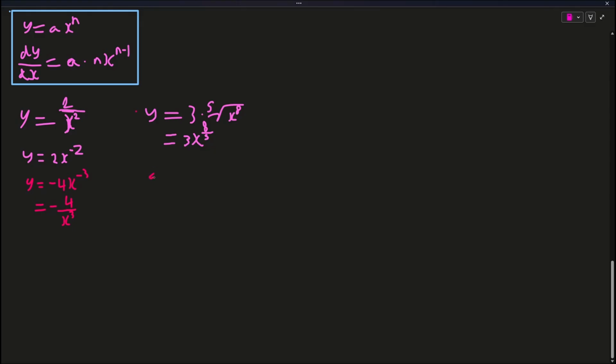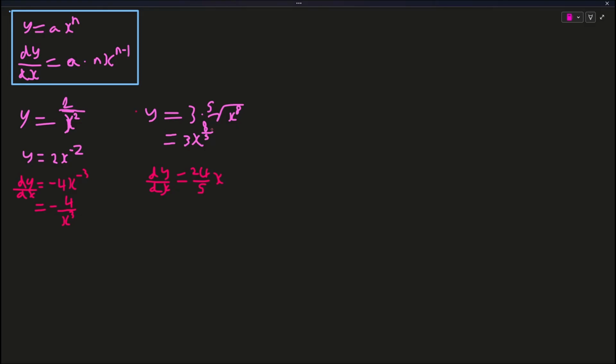So dy, sorry, this would be dy dx. So dy dx is equal to a times by n, so 3 times by 8 over 5, that's 24 over 5, times by x to the n minus 1, 8 over 5 minus 1.